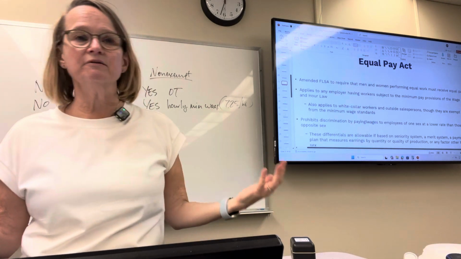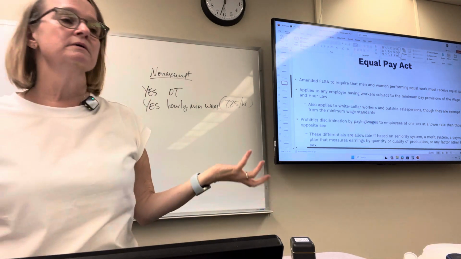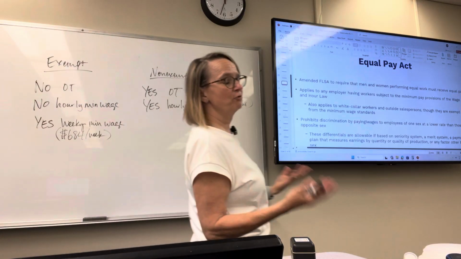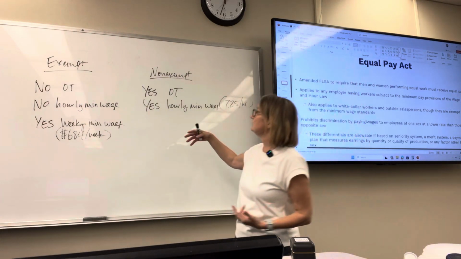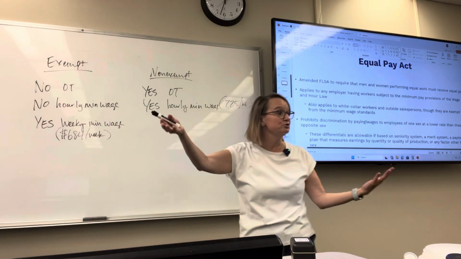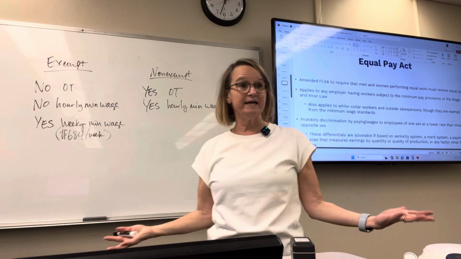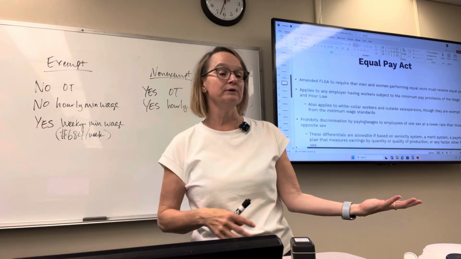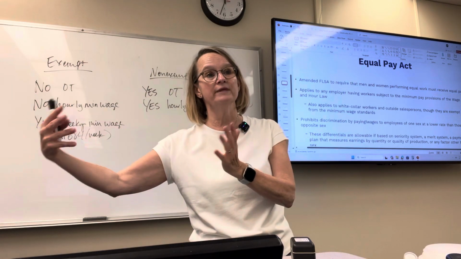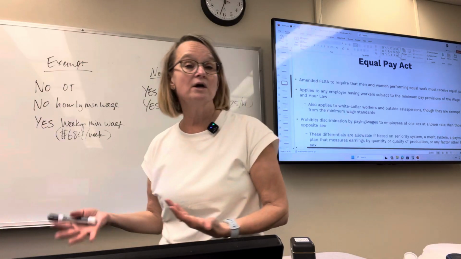If somebody's making $50,000 a year, and they worked 42 hours during the week, and they're entitled to overtime pay for those 2 hours of overtime, how do we calculate what that hourly rate is in order to then calculate what the overtime is for that individual?